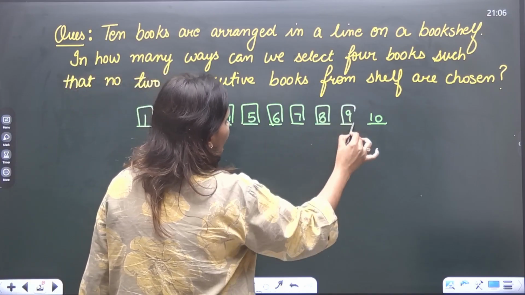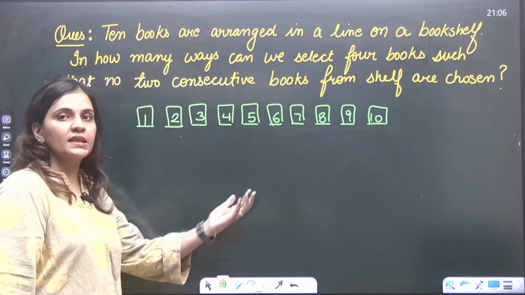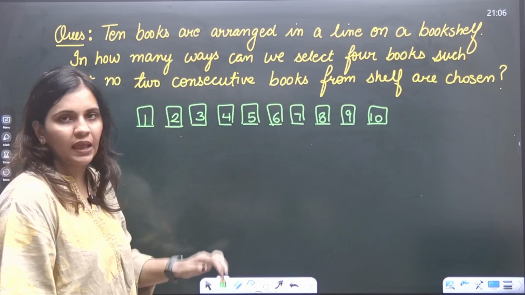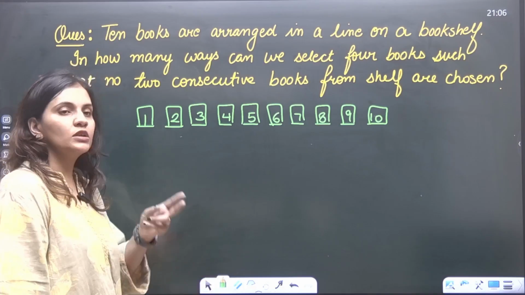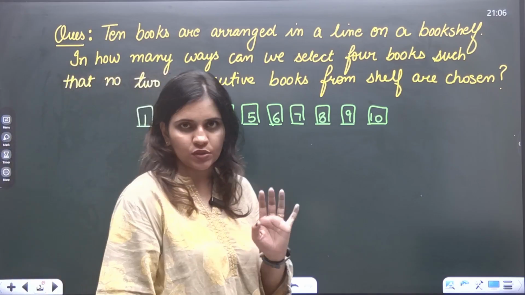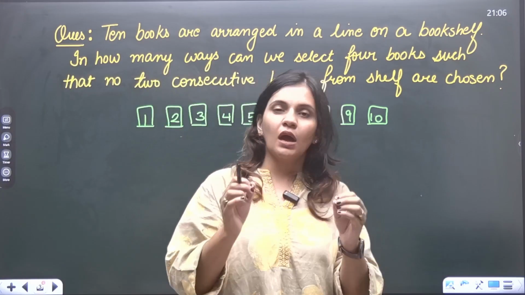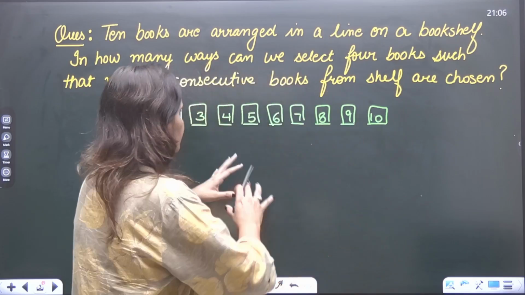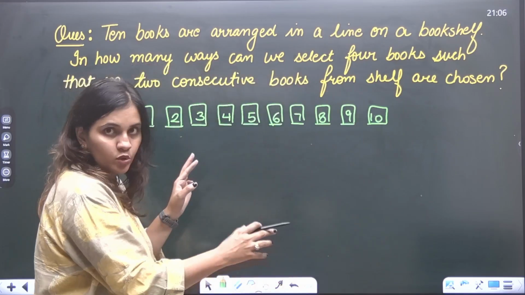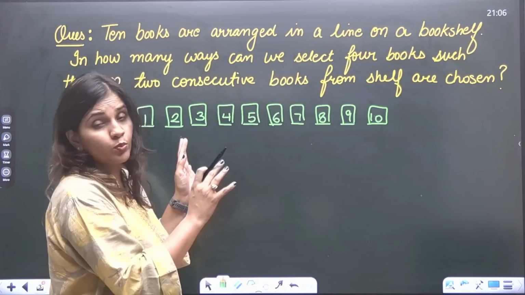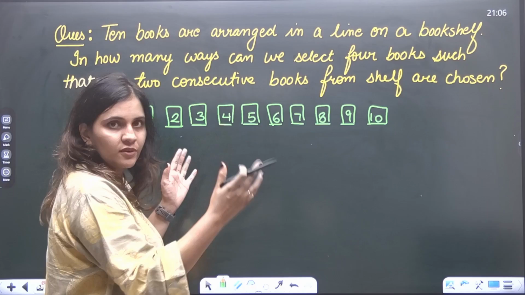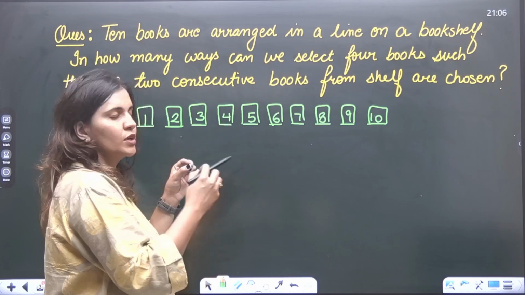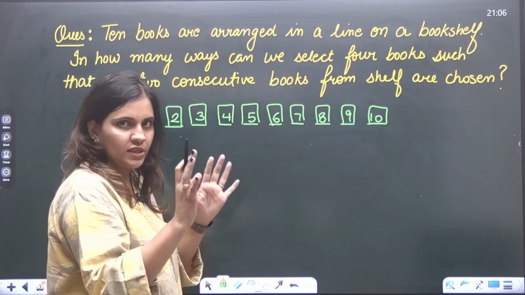Now I have to select 4 books out of these 10 books such that no 2 books are consecutive. I can select in many ways, but let's just mark one.